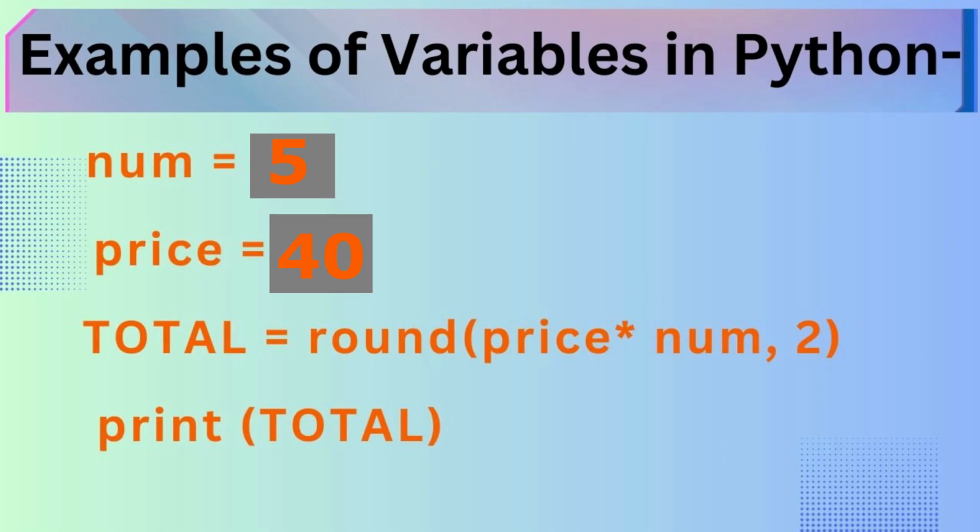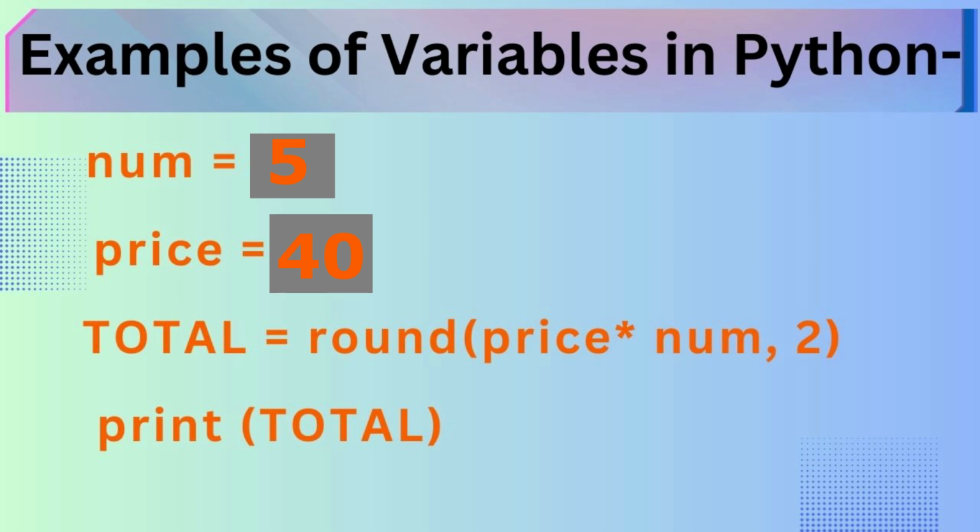If we go to the example, we can write num is equal to 5, that means quantity is equal to 5, price is equal to, suppose, 40. Then what is the total amount? The total is equal to, now we use the round function.